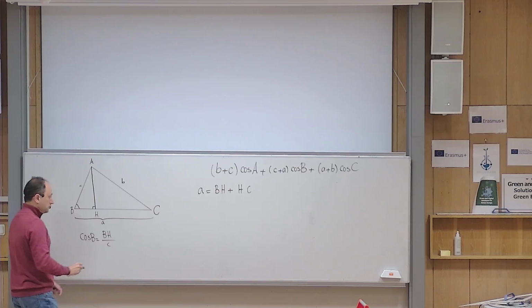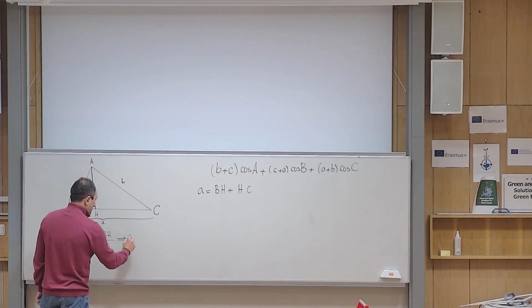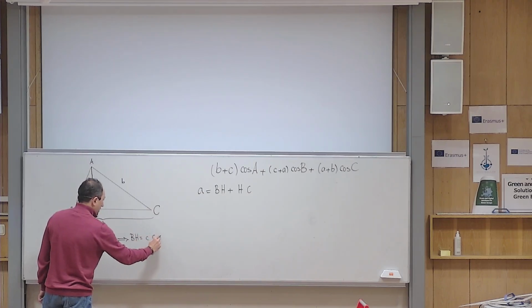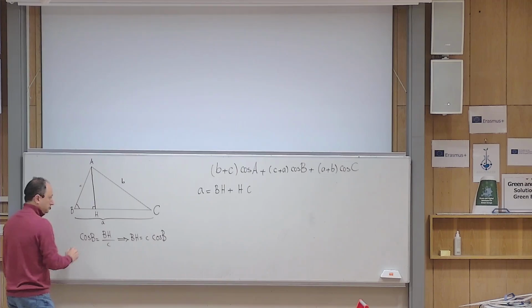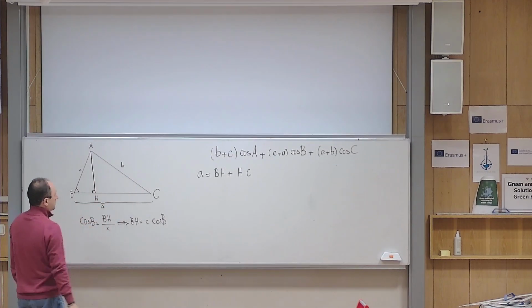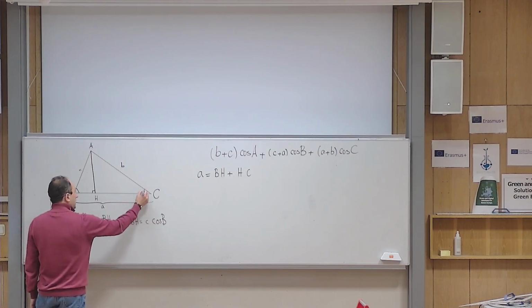I am looking for BH, so I multiply both sides by little c, so that BH becomes c cosine B.